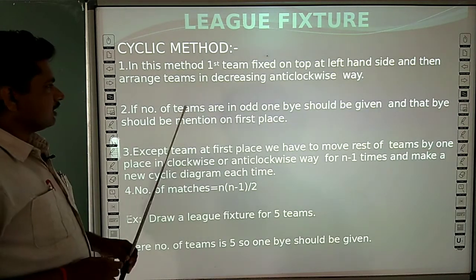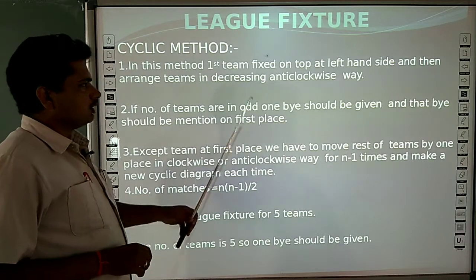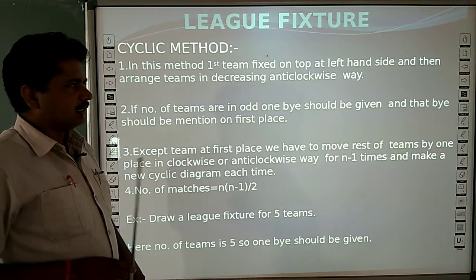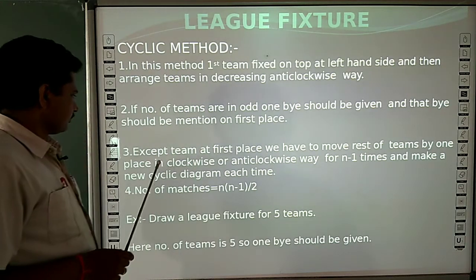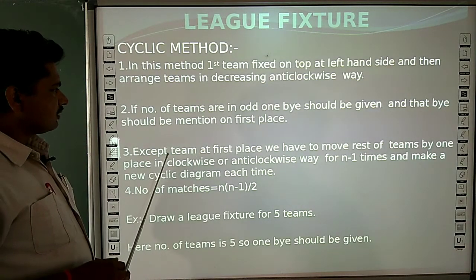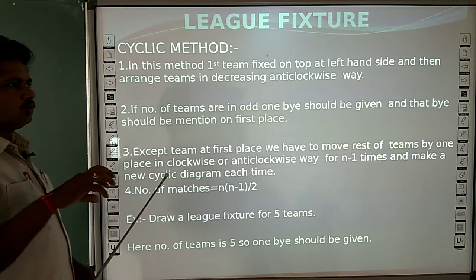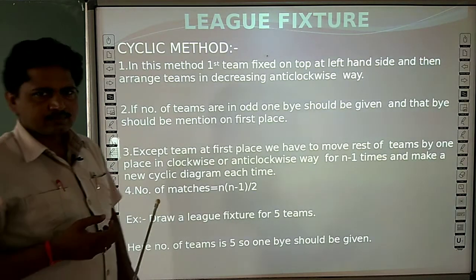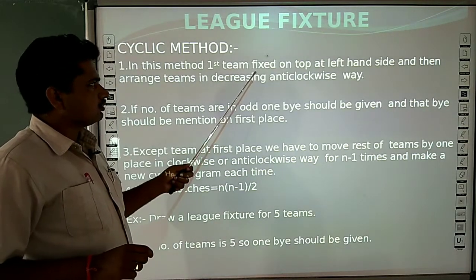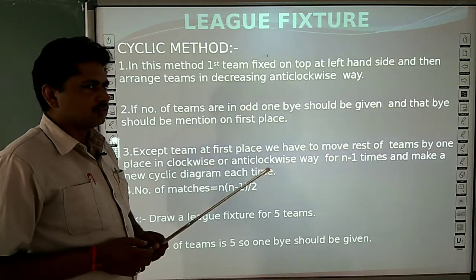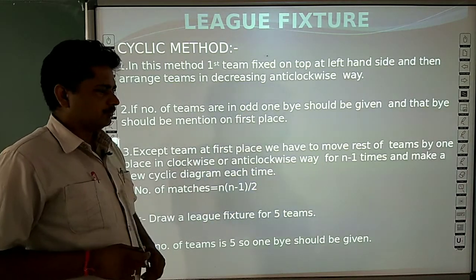After that, if the number of teams is odd, then we use a bye. This bye maintains the complete cycle. After that, we have to move the teams every time, but we have to remember that the team we use at the first place, we should not change the place of the first team.